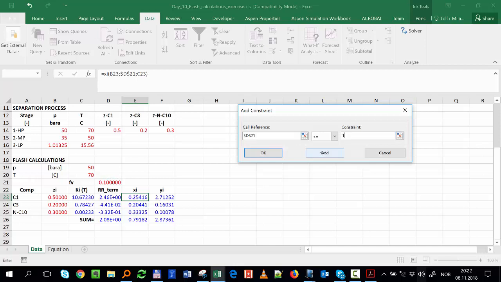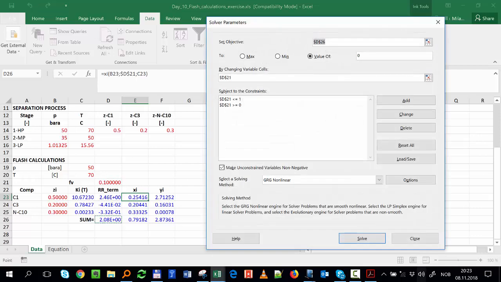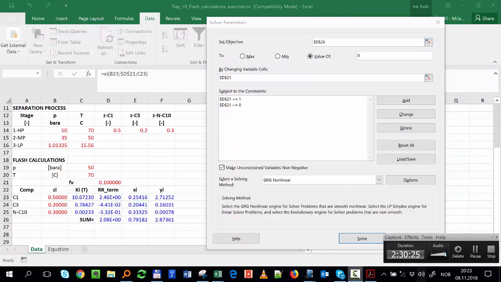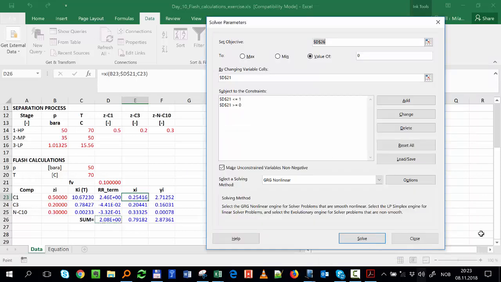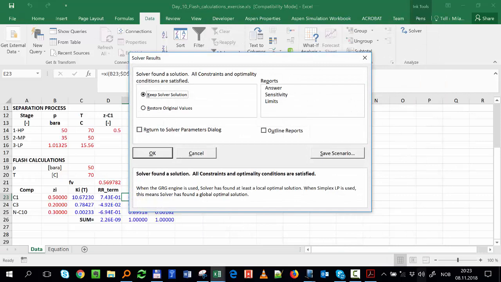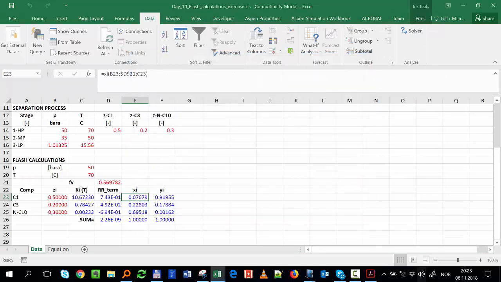Then we click add to add one more, and then this number has to be greater or equal than 0. Just between 0 and 1. And then we click solver, do your magic. Okay, and it converged.